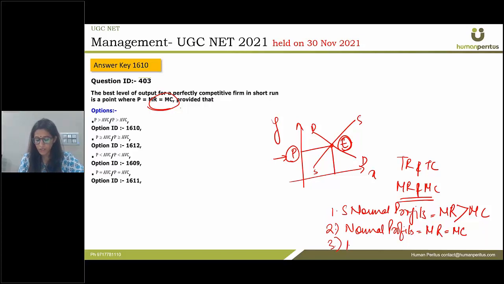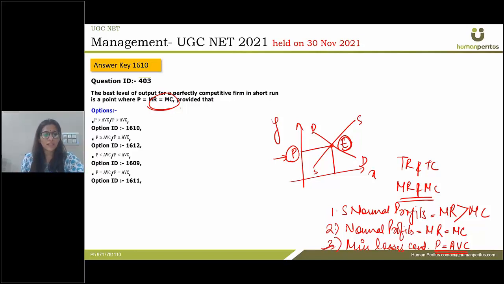And number three is the minimum loss condition. It is the point where the price is set at a level where only the average variable cost is covered and fixed costs are not covered. That is a point where the price is equal to the average variable cost. But this is a point of minimum losses.